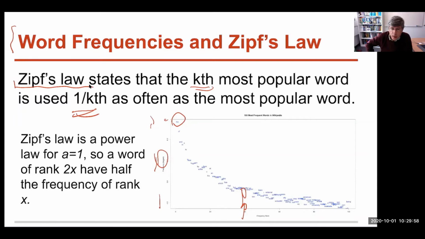If you plot the frequency of the ith most popular word in English, you end up getting a power law distribution, and Zipf's law is what you get when you get a power law where alpha is 1, okay? And that argues that when you double the rank, going from the X most popular word to the 2X most popular word, the frequency drops by a half. Okay? Any questions about how Zipf's law works?